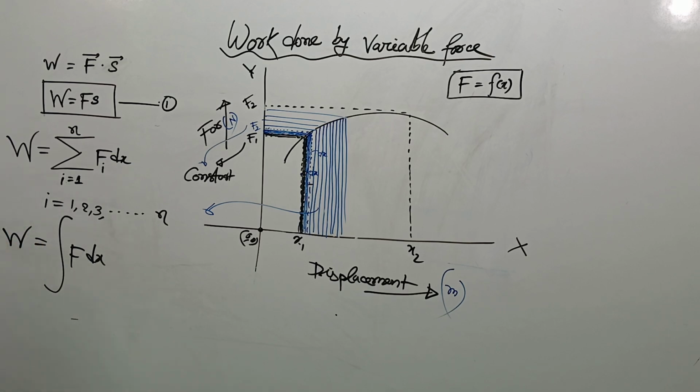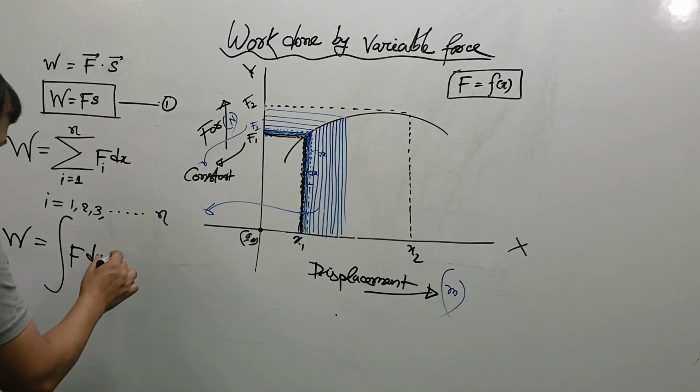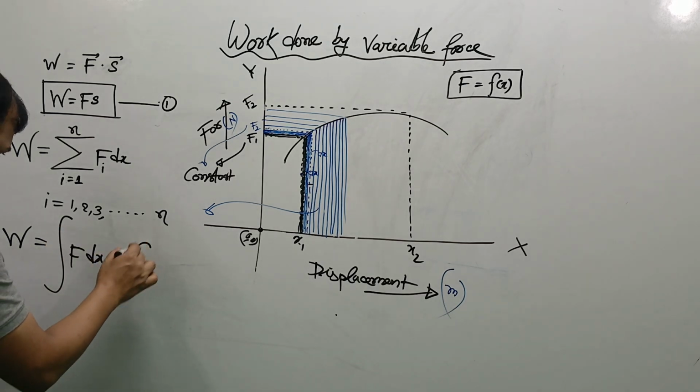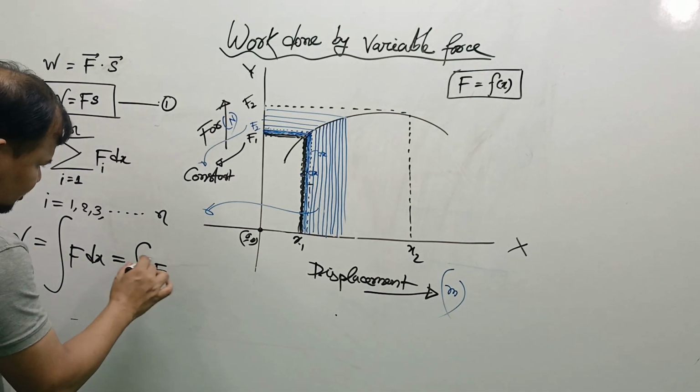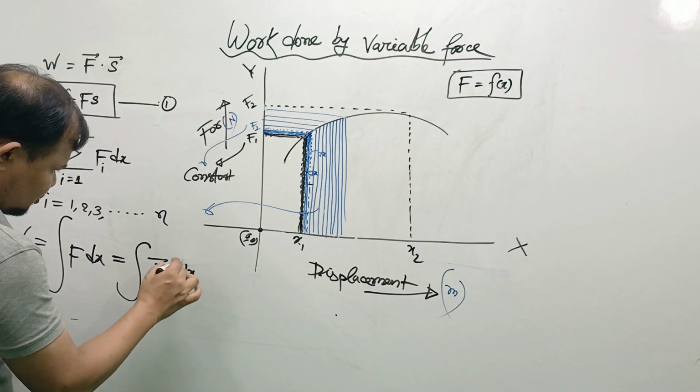For any kind of variable force and any kind of displacement, if the displacement is variable or the force is variable, we can find the work with the help of this notation. We can also write this equation as F dot dx.